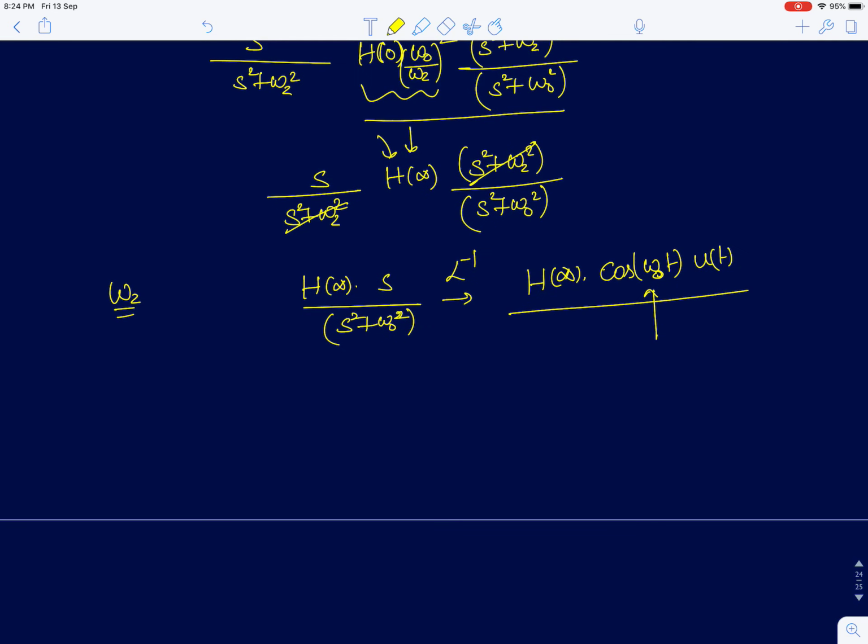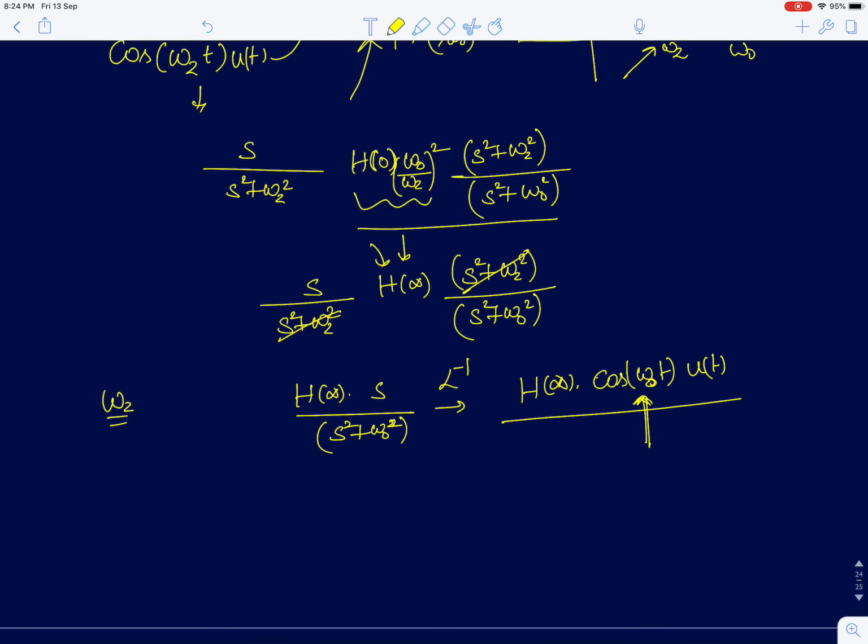So for any LTI system with a finite gain at all the frequencies, this is not possible. Only an LTI system which has a zero, for example, if I had given this to a system of this type, 1 plus s by omega z the whole square, then yes, even then you would not get any sine wave as an output for the system. But this system is not realizable using passive circuits.